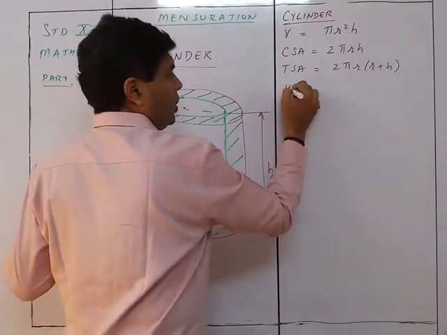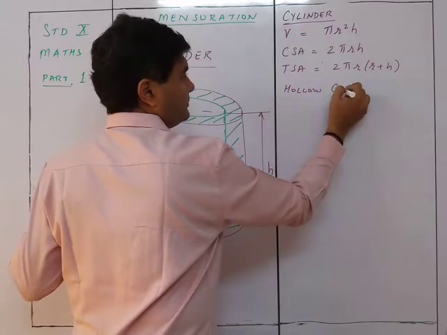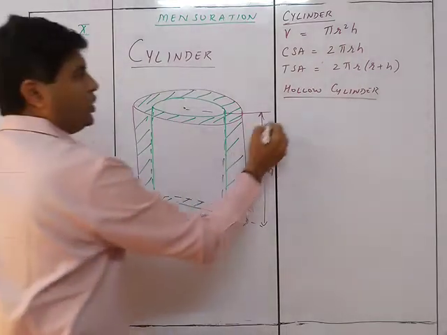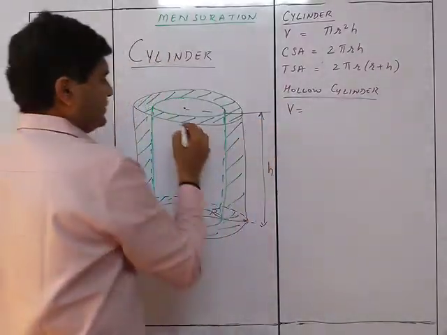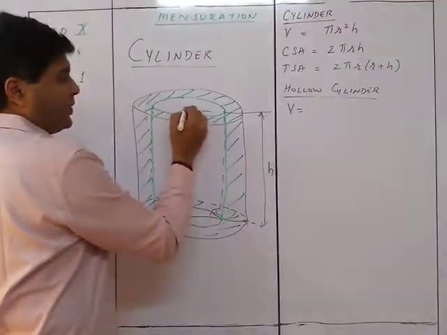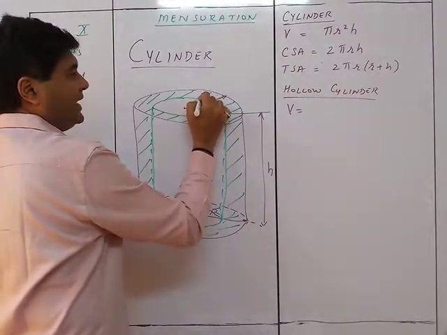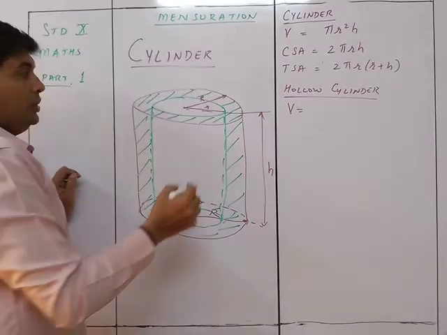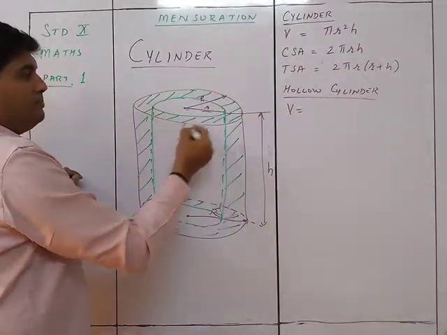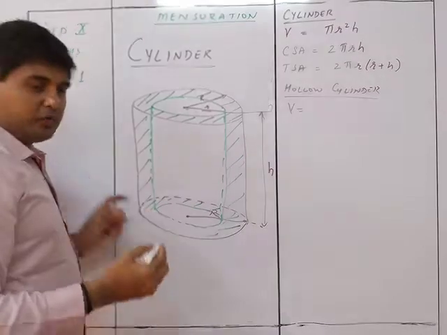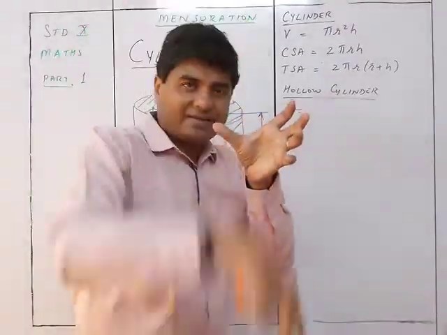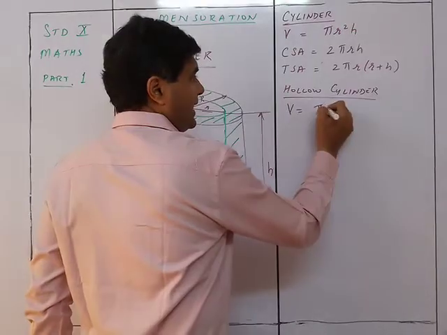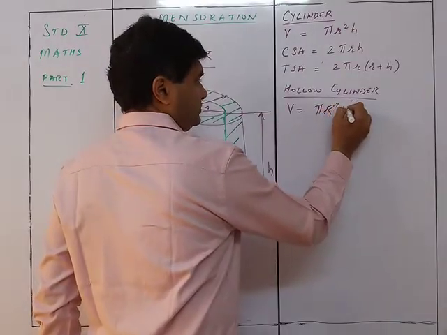Now we come to hollow cylinder. So in case of a hollow cylinder, what will be the volume? Volume will be equal to, now over here you will have 2 radiuses. One is a bigger radius over here which is R, and here is a smaller radius r. The volume of the bigger one minus the volume of the smaller one, because what I did is cut the smaller cylinder out of the bigger cylinder, so what is left is pi R square h minus pi r square h.